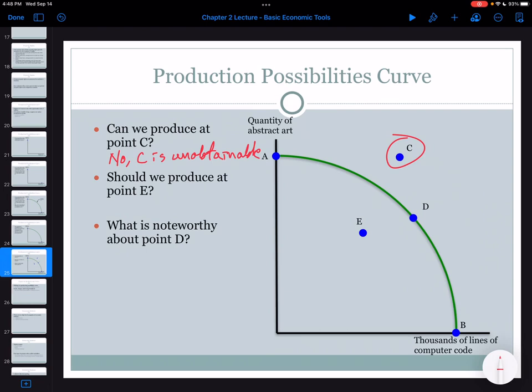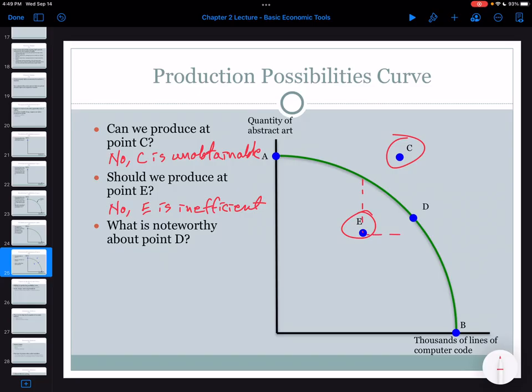All right, so what about point E? Well, point E is obtainable. We could do it. Well, we probably shouldn't do it because point E is what we call inefficient. We have the technology and resources and time to produce at point E, but notice, I'm going to draw some little dashed lines in here.